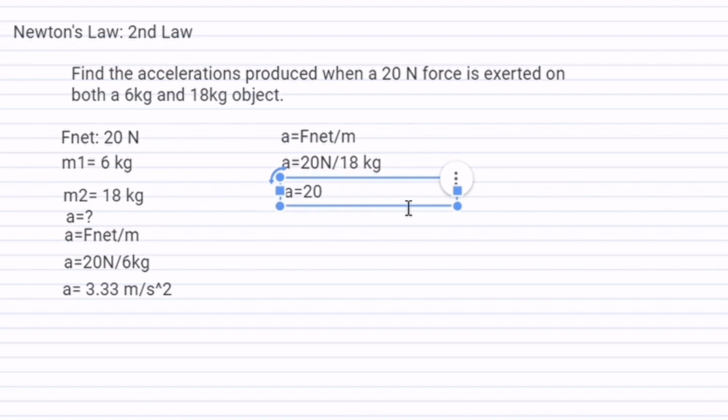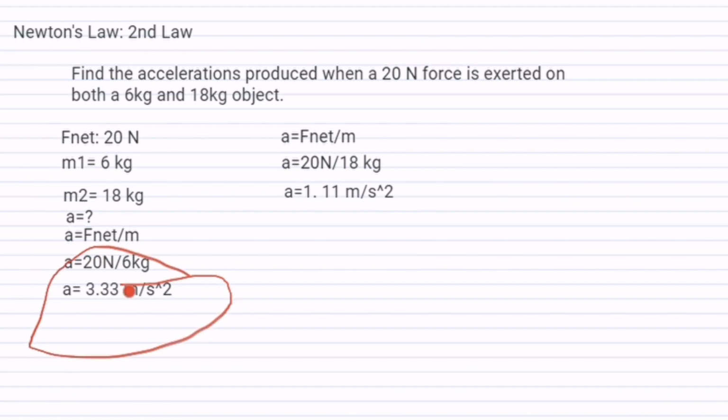So 20 N net over 18 kilograms is equal to 1.11 meters per second squared. That's it. So these are the accelerations of the 6 kilogram and 18 kilogram objects.